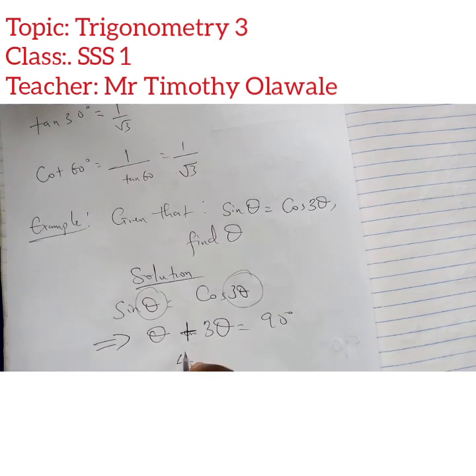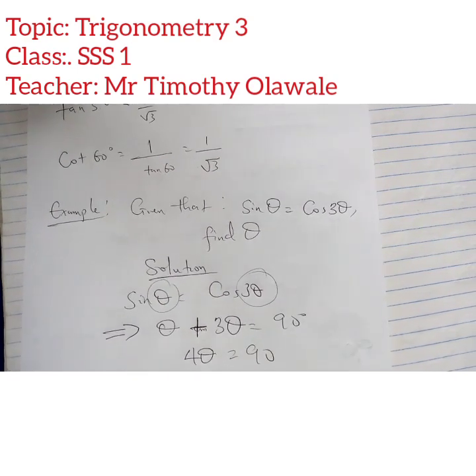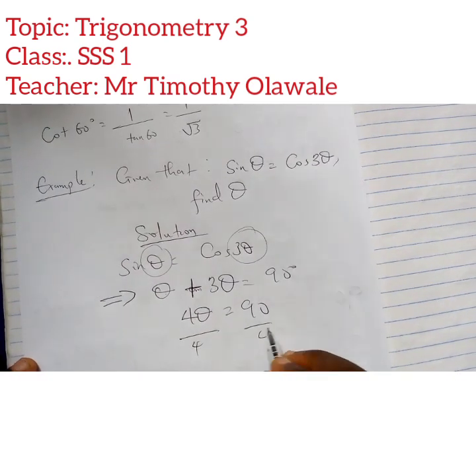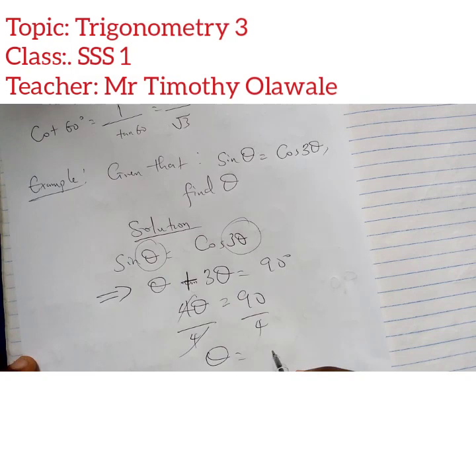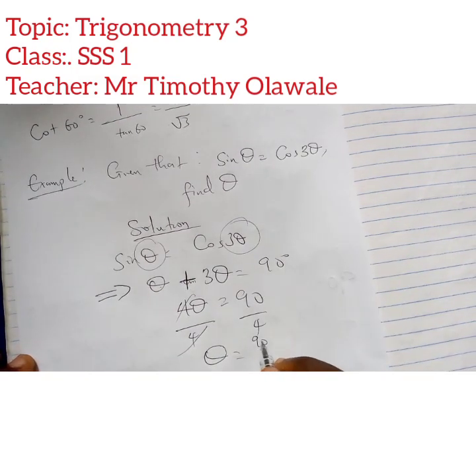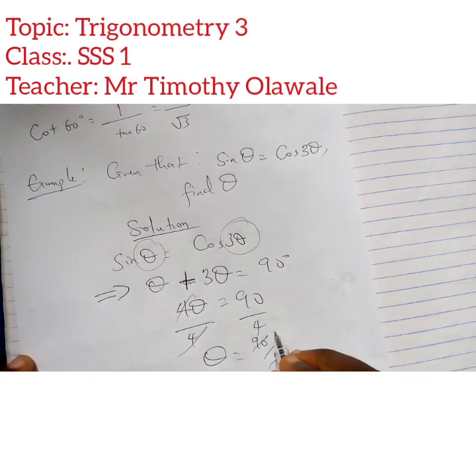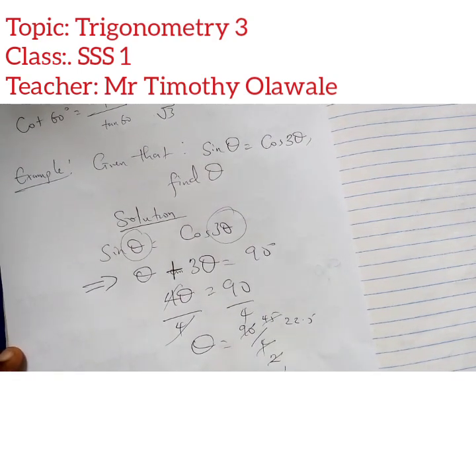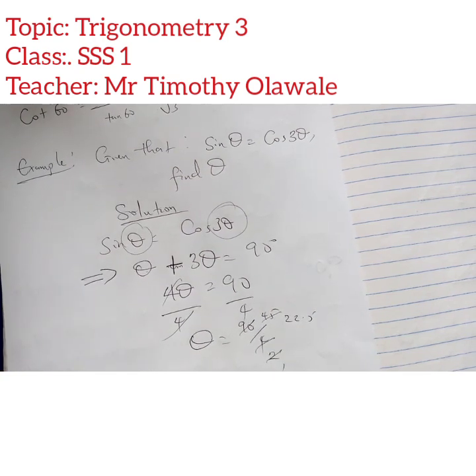Theta plus 3 theta is 4 theta equals 90 degrees. Divide both sides by 4. 90 over 4 is 22.5. So theta equals 22.5 degrees.